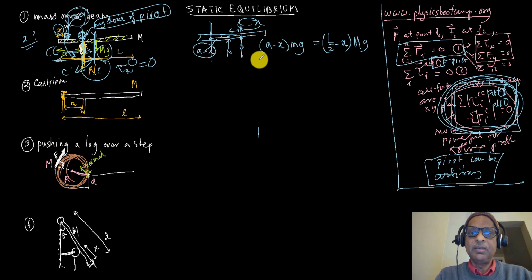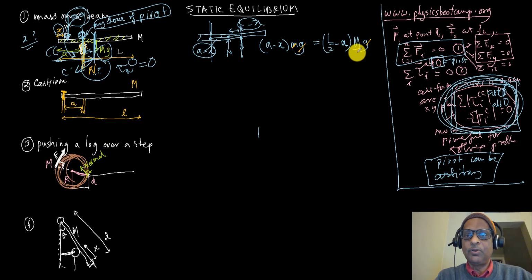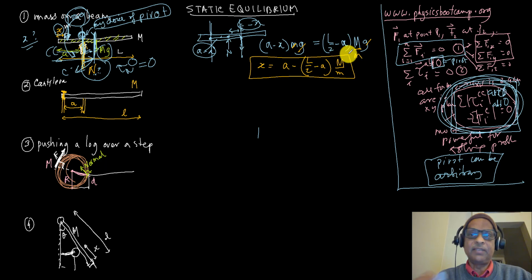The g cancelled out, and the m cancelled out too. Then if I bring x on this side and a on the other side, x equals a minus L over 2 minus a, times m over m. So that's the answer.